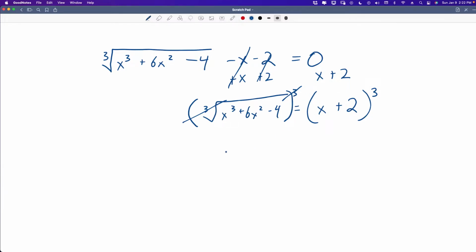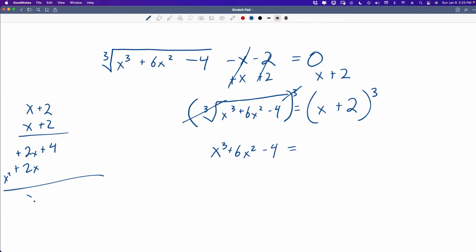So what we end up with on this side, because all of this cancels, is x cubed plus 6x squared minus 4. Now we have to find out what this is. So if we do the math, we say x plus 2, we get 4, we get 2x plus 4, we get plus 2x, and then we get an x squared, right?